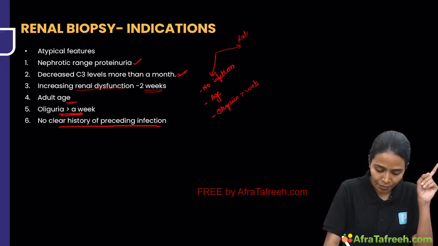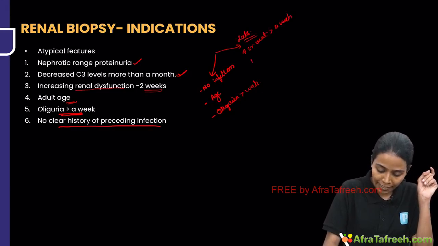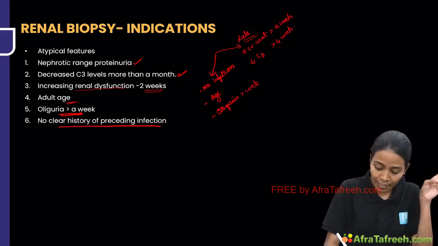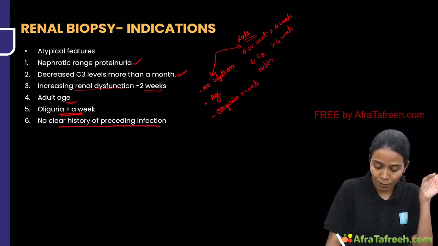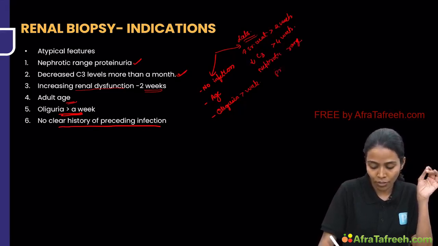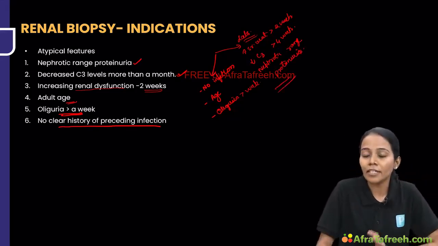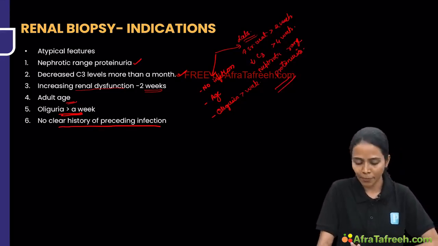Second is labs. In labs, if there is increased serum creatinine for more than 2 weeks, decreased C3 levels for more than 4 weeks, and nephrotic range proteinuria. So you understood the laboratory and the clinical parameters that will help you in deciding whether renal biopsy is required in a child with PSGN.